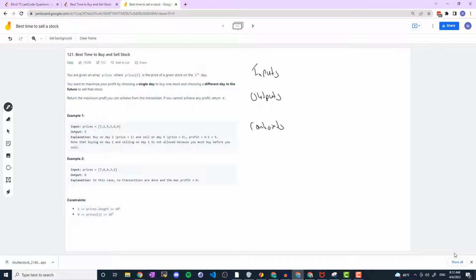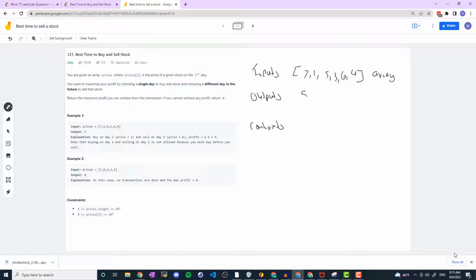The input is an array of prices. The output is a single integer that denotes the maximum profit that I was allowed to trade.